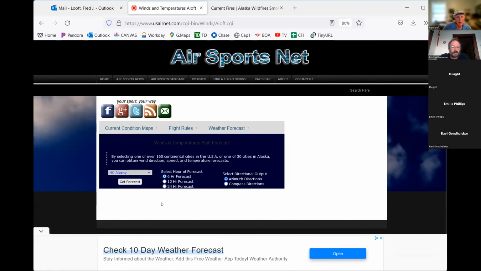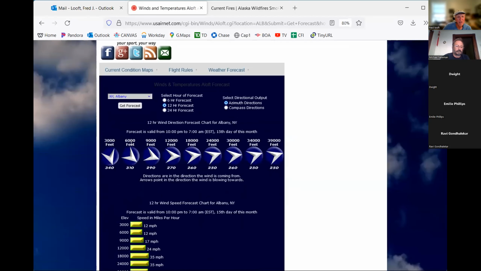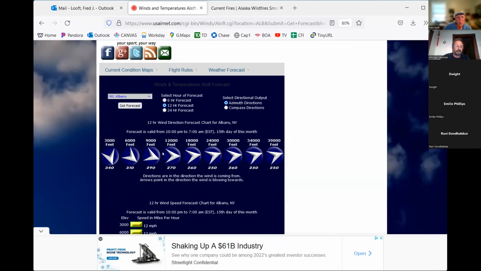And I'll typically go for a 12-hour forecast just to see what happens. There it is. It shows you at different altitudes where the winds are. They're pretty consistent. I only typically look up to what I think the thermal altitude might be. And in this case, 3,000 to 6,000 feet is pretty normal this time of year.